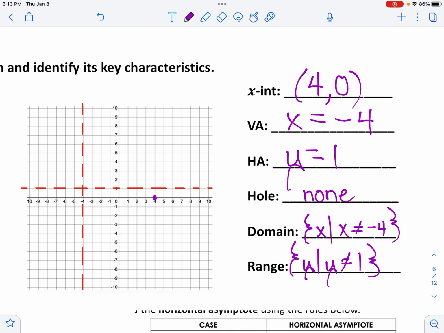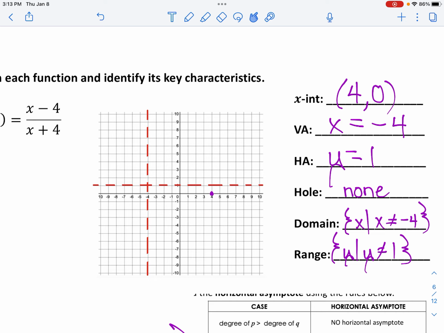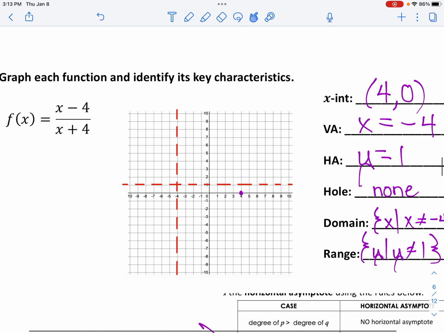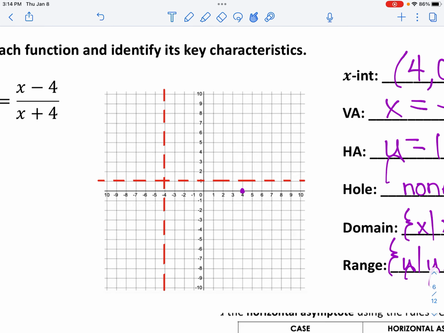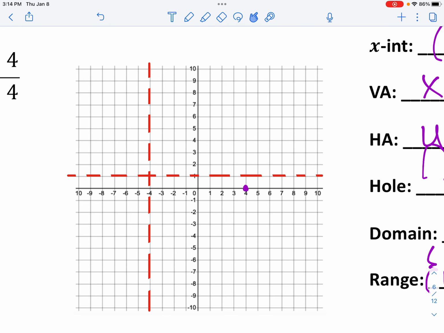Now I'm just going to plot some points. So if x is 0, I would get -4 over +4, so that would be -1.